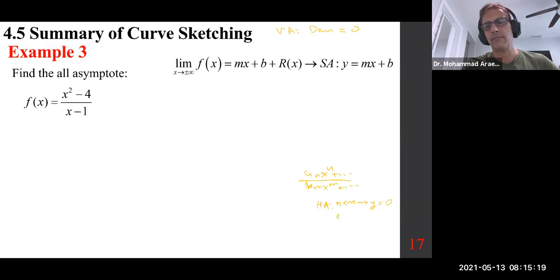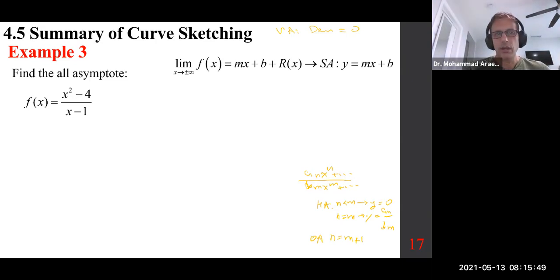If n equals m, y is equal to the ratio of the leading coefficients, a sub n over b sub m. And there is an oblique asymptote if n is equal to m plus 1. Oblique or slant. Okay, so that's the general idea.